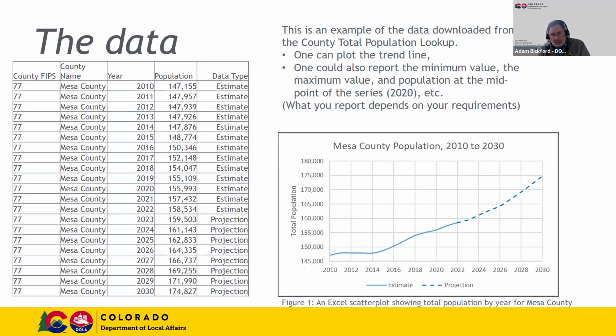You can also see how the estimates that we have differ from the projections. You can also report minimum values, the maximum value, or the population at the midpoint of the trend line. What you report depends on your requirements and what you need to say about this data.